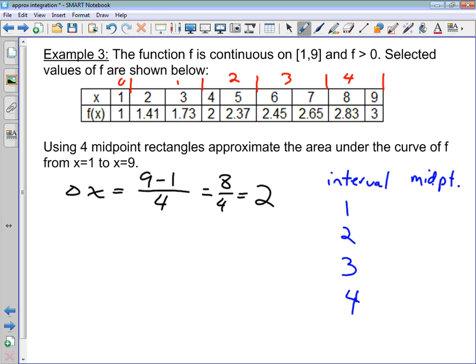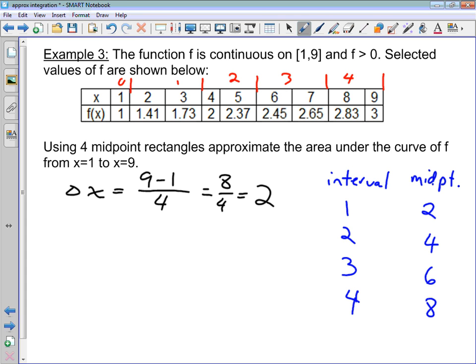What's our midpoint for each one? Well, our midpoint for interval 1 is going to be 2. Our midpoint for interval 2 is going to be, let's see, it's got to be halfway between 3 and 5. It's going to be 4. And then 6 and 8 for our next 2.